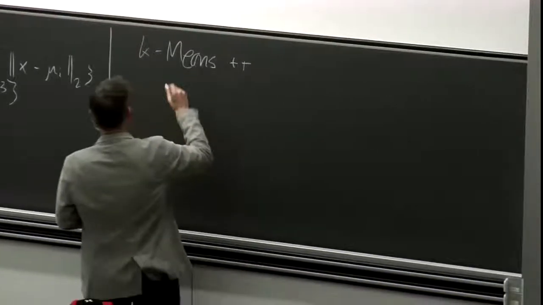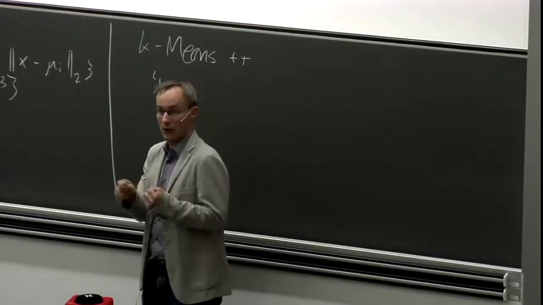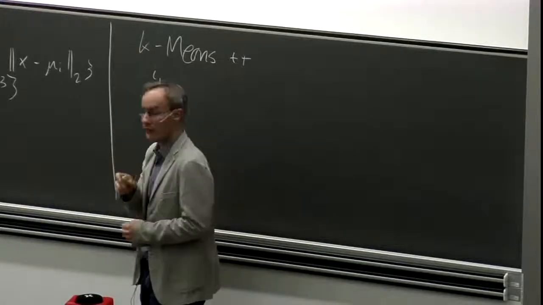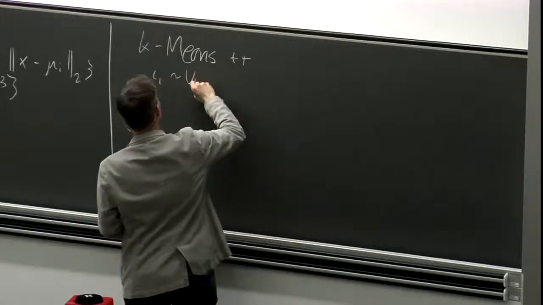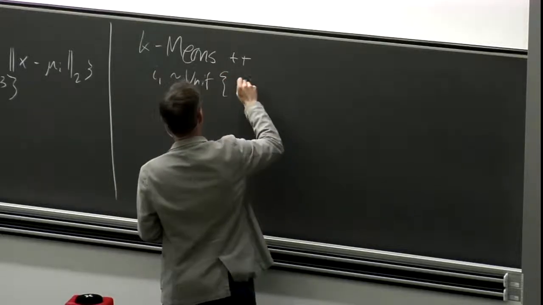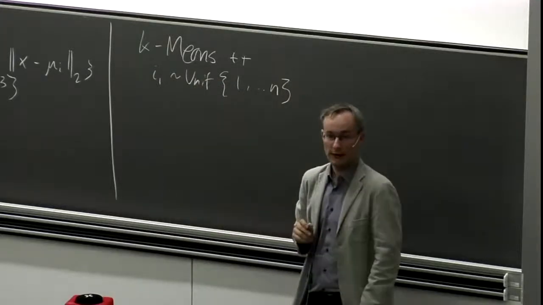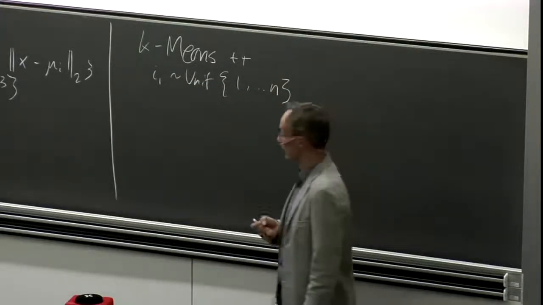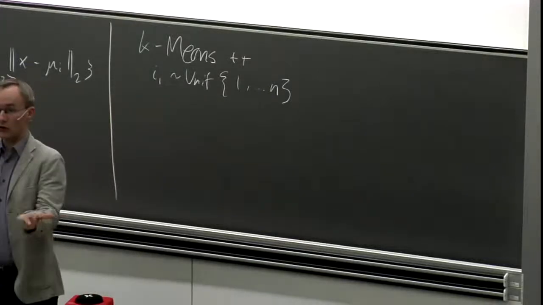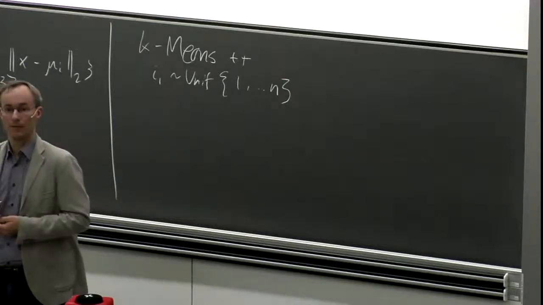Okay, so we would say we draw I1. It's the index of the data point that will be our first guess for the first cluster center. We just draw this uniformly from all our data points, right? And so now here in this example, where there's big clusters and lots of smaller clusters, most likely that's going to be in our big cluster.